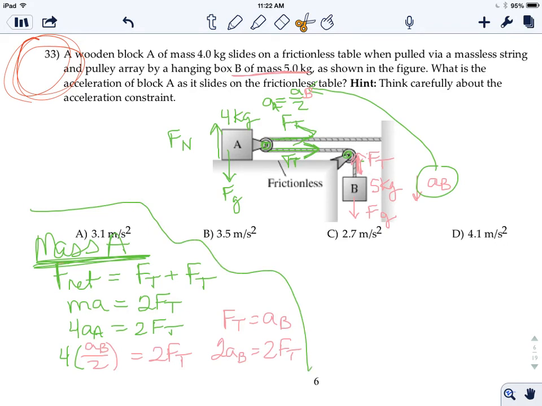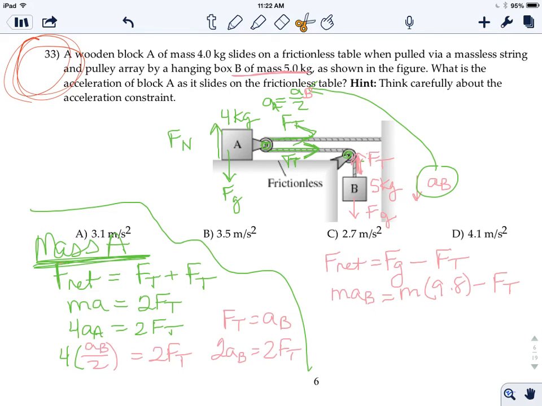Then let's do the free body diagram on mass B. The net force, since it's down and gravity works down, is gravity, which is bigger, minus our tension force. So the mass times the acceleration of B is equal to our gravitational force, the mass times 9.8, minus Ft. We don't know what Ft is yet.